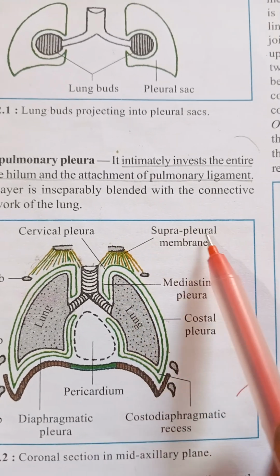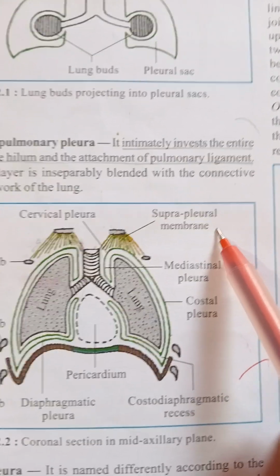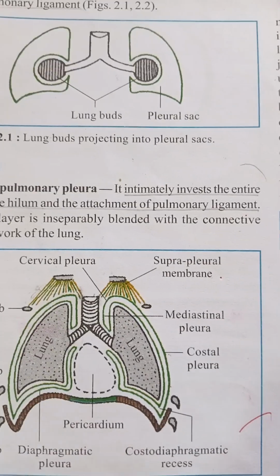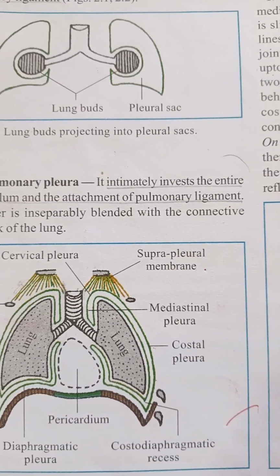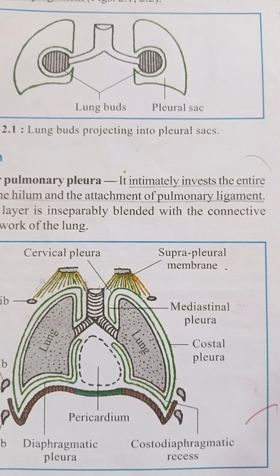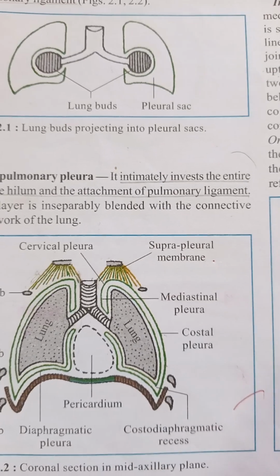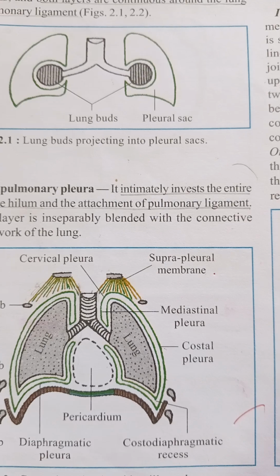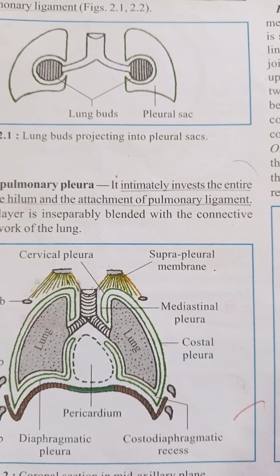So the name is the suprapleural membrane or Simpson's fascia. What is it? It's actually a musculoaponeurotic structure. The muscular part is derived from the scalenus minimus muscle, and the aponeurotic part is derived from the endothoracic fascia.